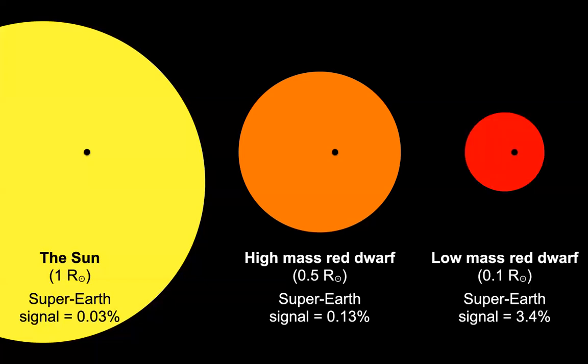And if you go to the extreme end, if you go to the really low mass red dwarfs, so now 10% the size of the sun, you get quite a whopping transit signal. And take my word for it, 3.5% is a whopping transit signal, right? We can do that from the ground with modest telescopes. Okay? So these types of planets, super Earths around red dwarfs, are much more observationally accessible, not only because their habitable zones are closer, but also because the transit signals get larger.